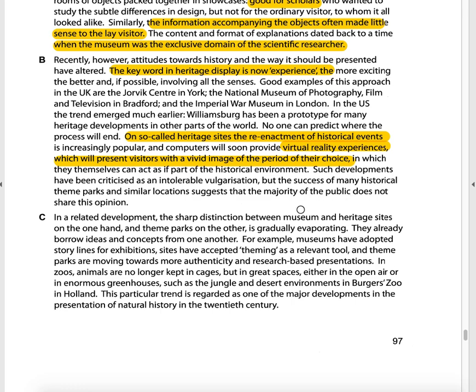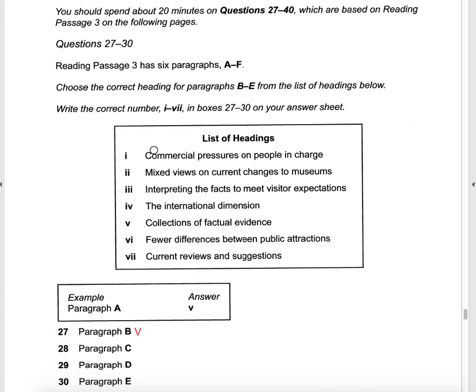So I remember one of them talking about that. Not commercial pressures, mixed views on current changes to museums? Maybe. Interpreting the facts to meet visitor expectations?